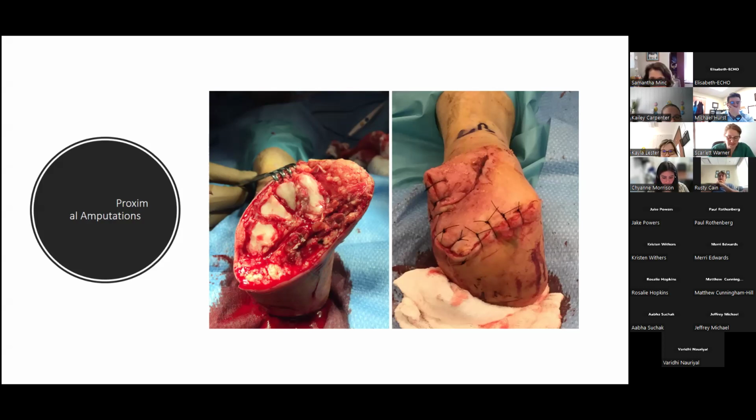So we made the decision to go back a little bit farther to the Chopart joint and resect these bones, and we were able to get him closed here on the right. I don't have another picture, but he did end up going to heal, was able to get into some bracing and a shoe, and has done pretty well.